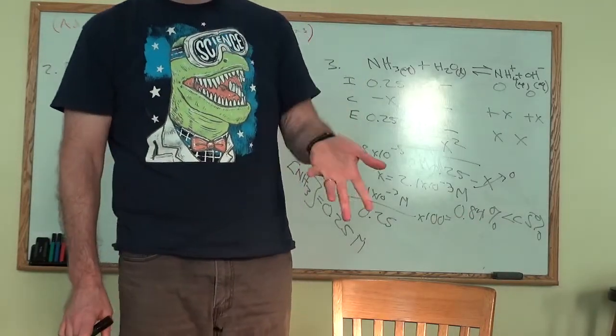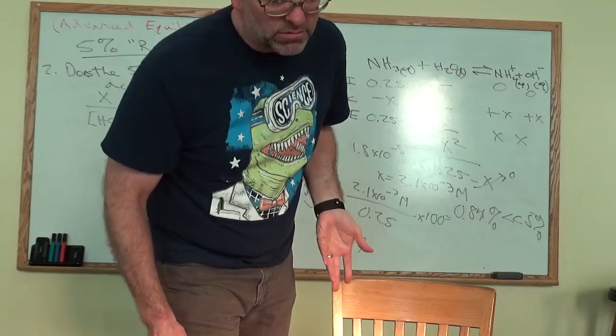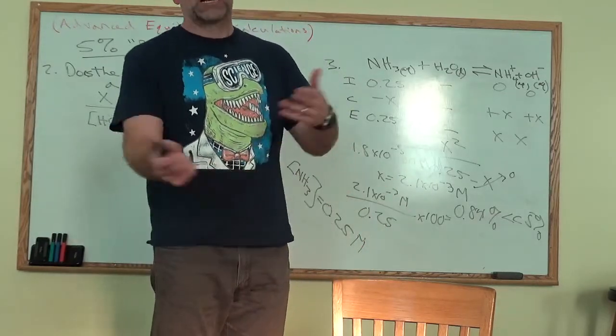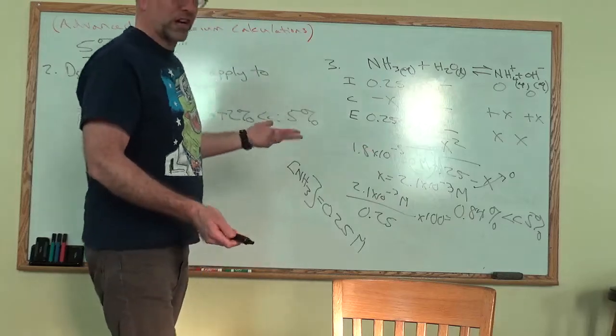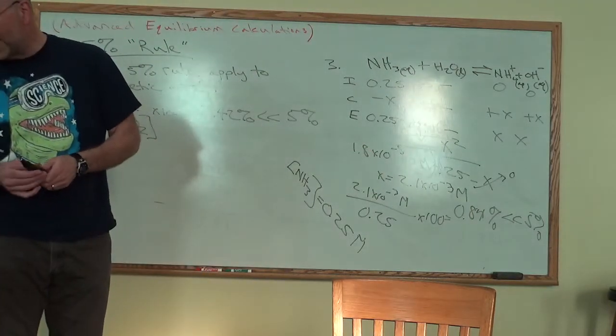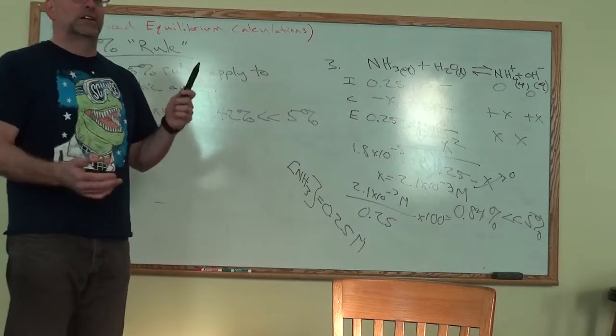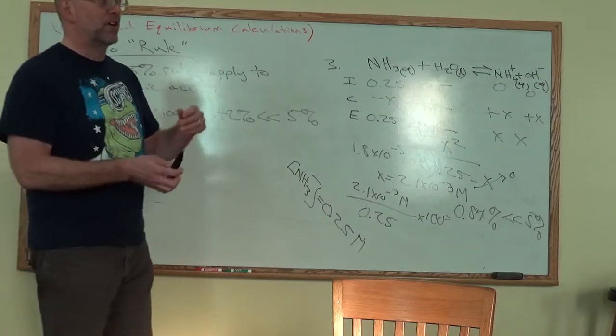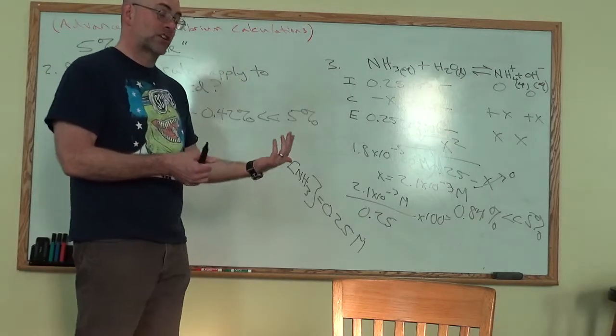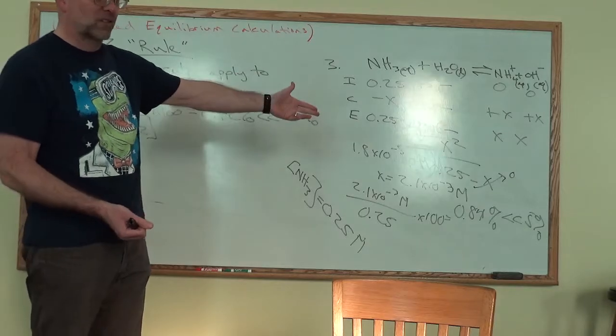I'm going to do example number 4 now. We're on slide 9. So if you want to copy down number 4 while I get organized here, go ahead and do that, because I'm making some subtle changes. In this one, there's a heterogeneous equilibrium, so we actually ignore something completely, kind of like this one.